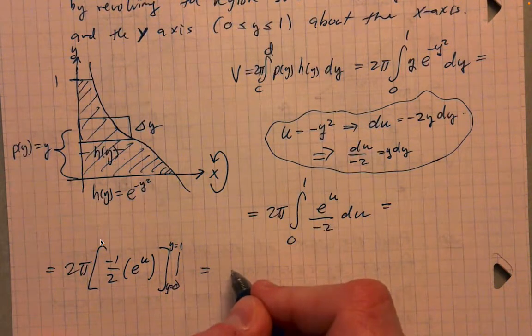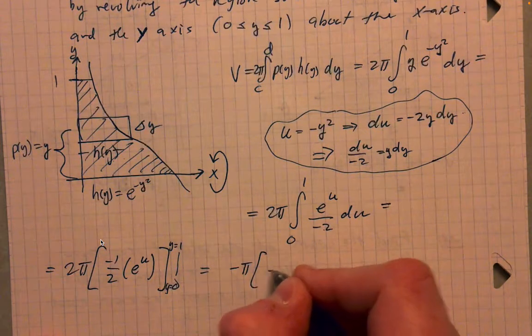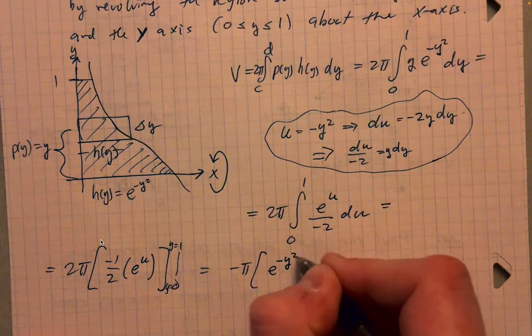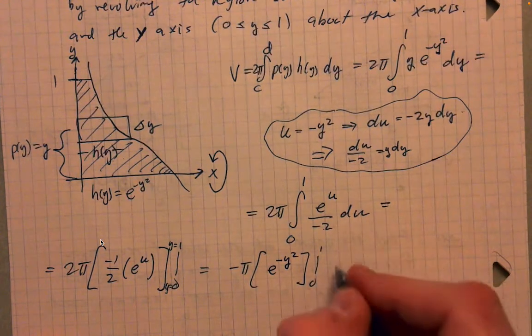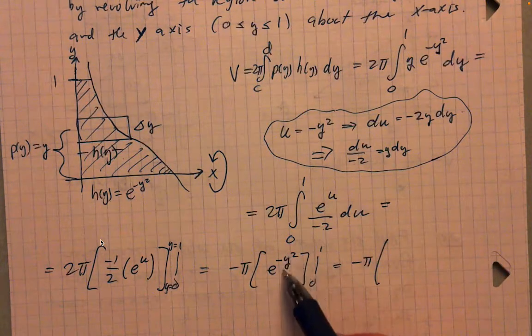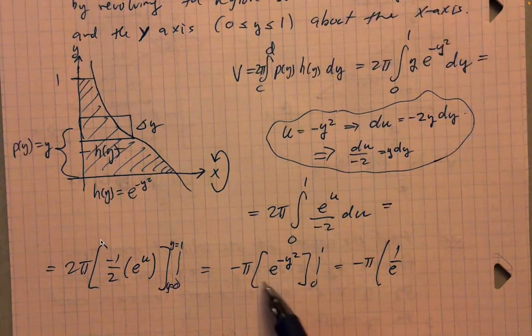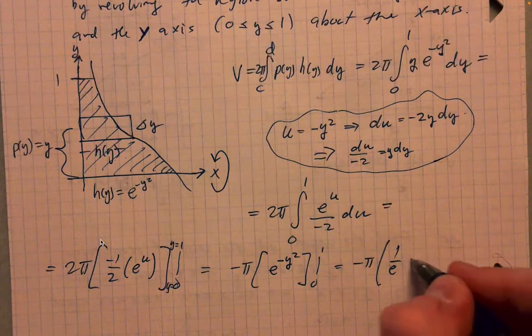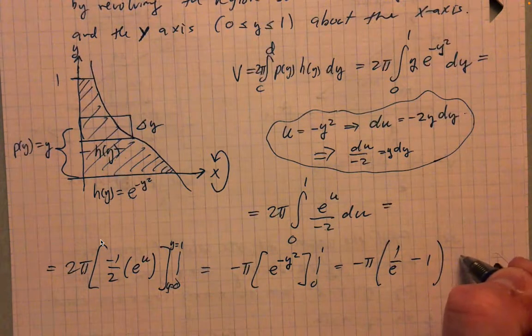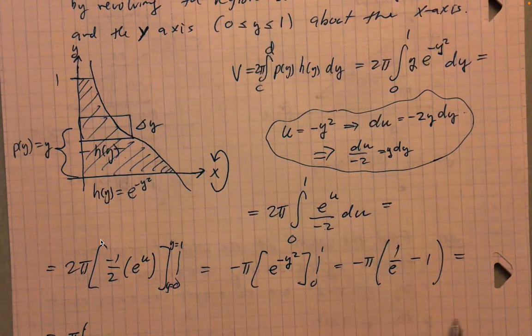The cancellation happens here, and you get negative pi times e to the negative y squared, from 0 up to 1. So negative pi times, e to the negative 1 squared would just be 1 over e, and then e to the negative 0 would be just 1, so minus 1 there. Let's see, we can factor a negative out and make this pi on the outside, and then it'll be 1 minus 1 over e.